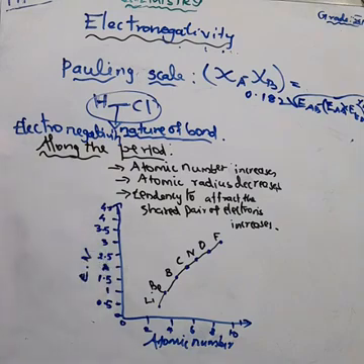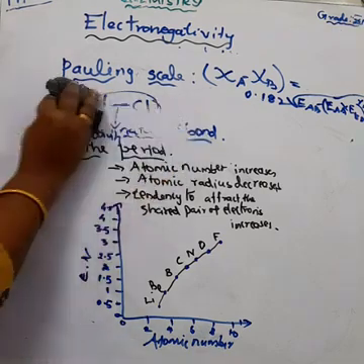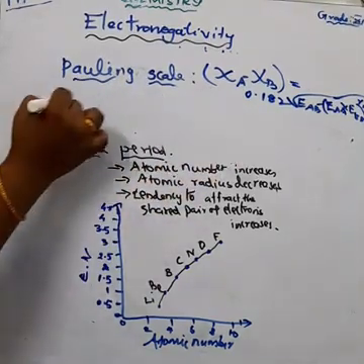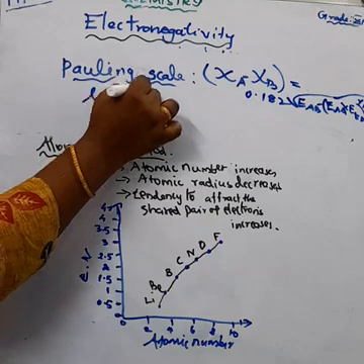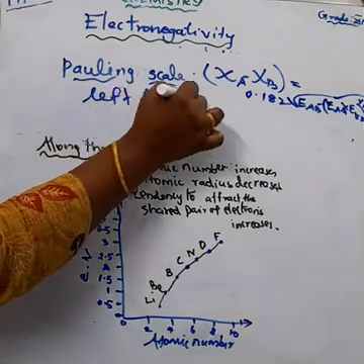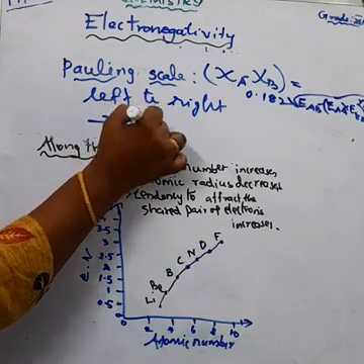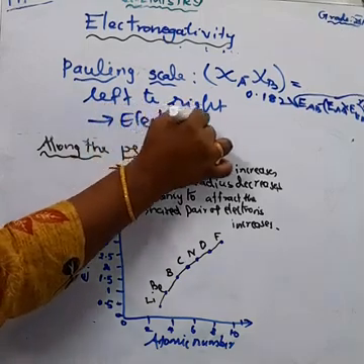Generally, the electronegativity values increase across a period from left to right. For example, we discussed earlier that the atomic radius decreases in a period when moving from left to right.